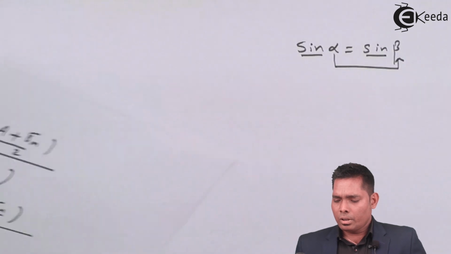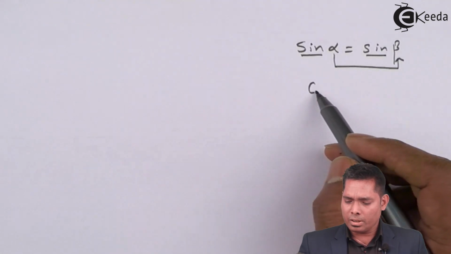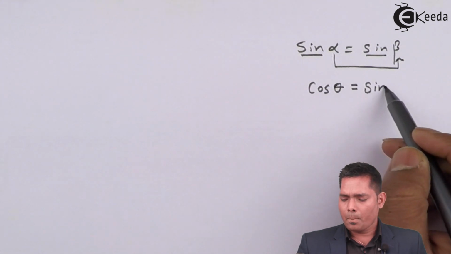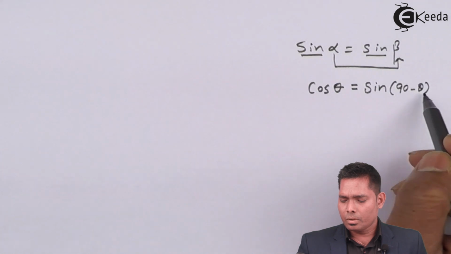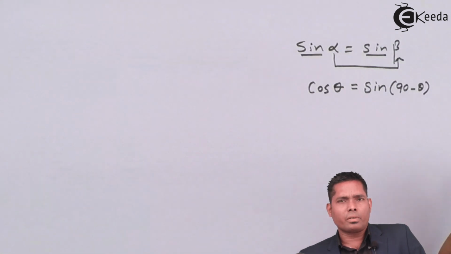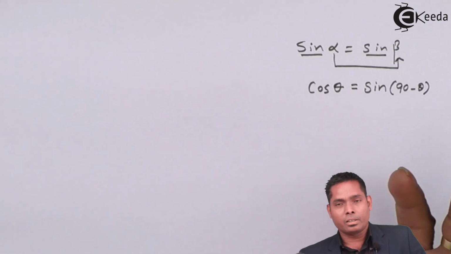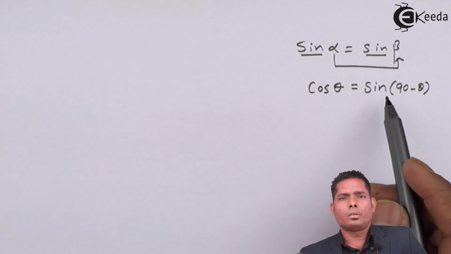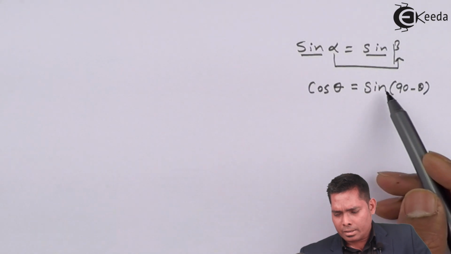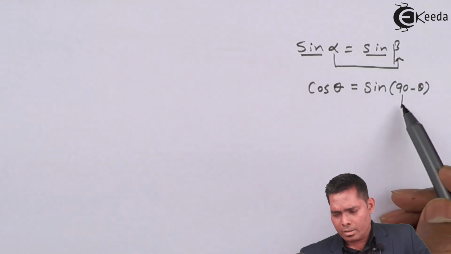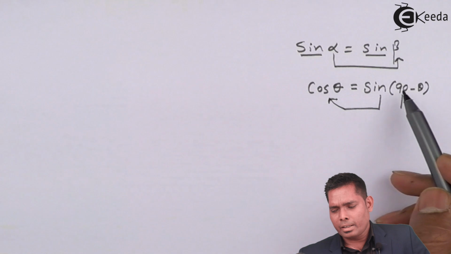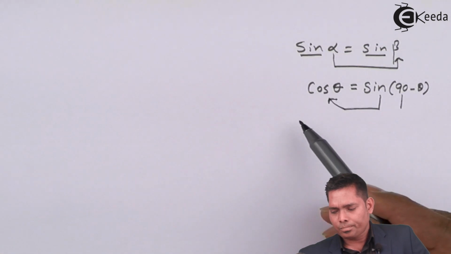Suppose cos theta is given, cos theta can be written as sine of 90 minus theta, because sine 90 minus theta lies in the first quadrant, where all trigonometric functions are positive. When you write 90, the sine becomes cos. So sine 90 minus theta is always equal to cos theta.